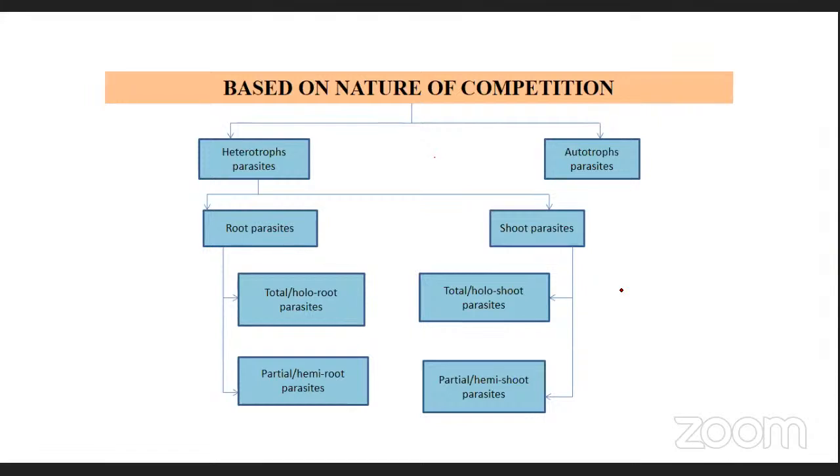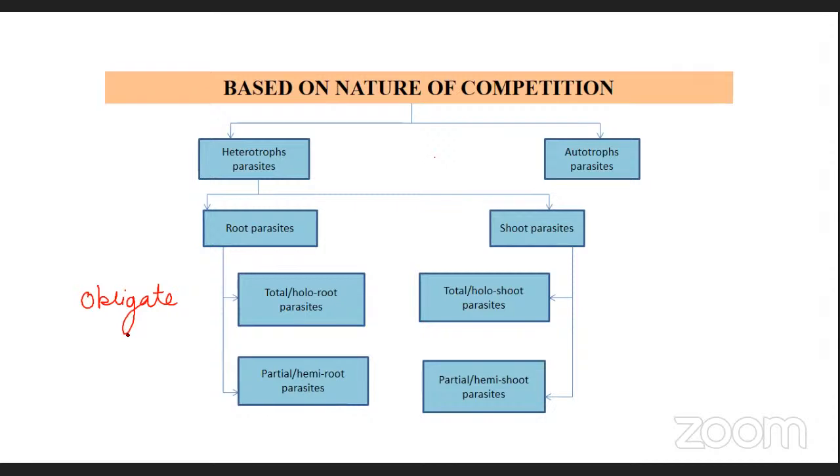In this, something I have missed: the total or holo root parasite is also known by another name. Can anyone tell me? This total is also known as obligate root parasite. Why is it known as obligate?